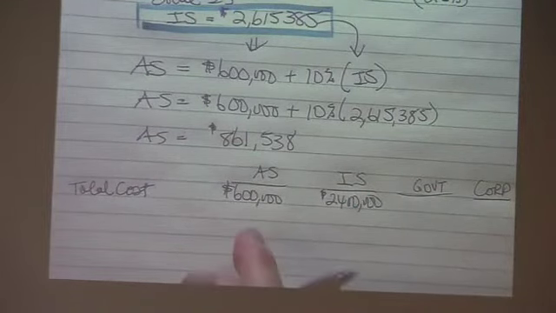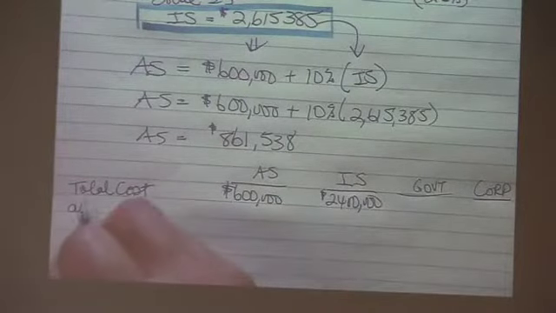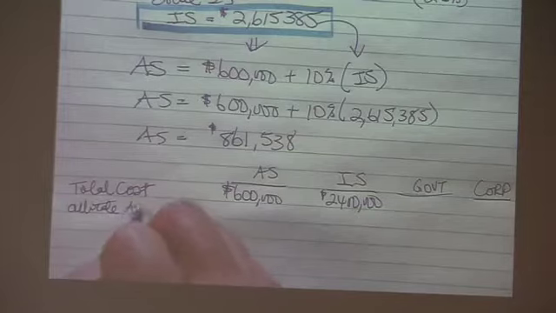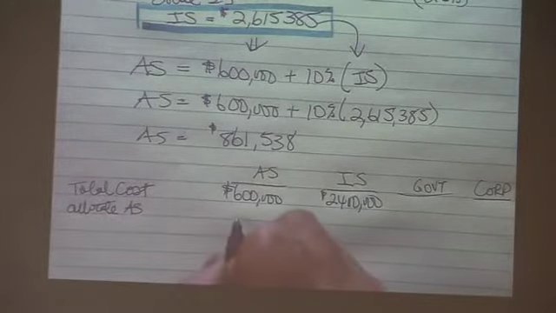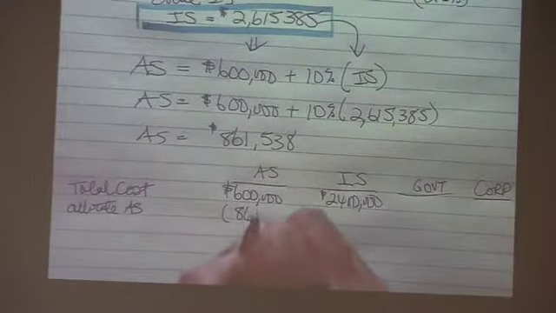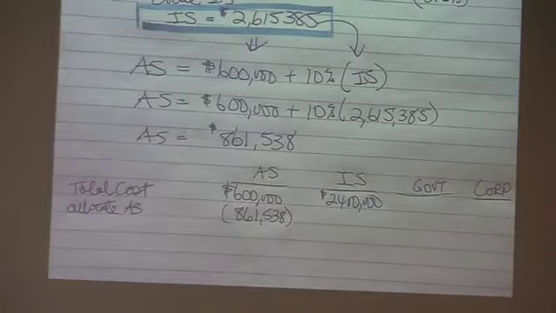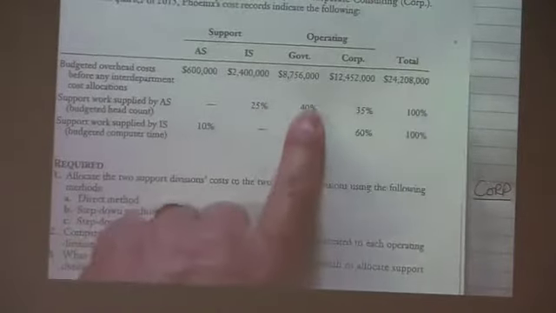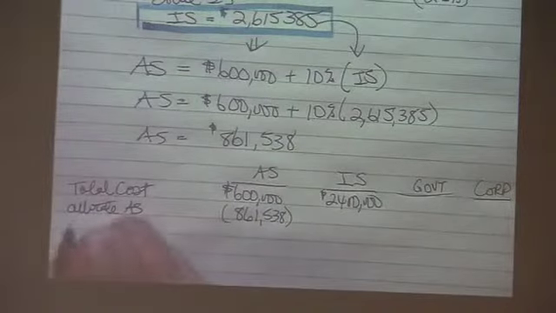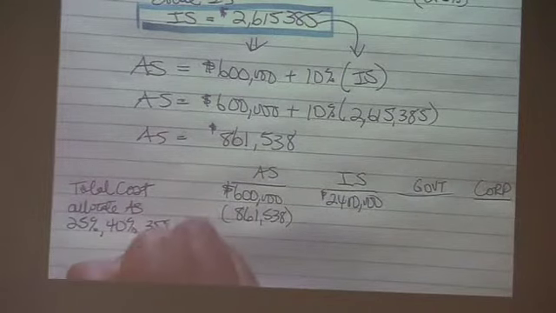Now let's allocate the AS first. We know that the AS is 861. It doesn't matter which one we go with. We're going to allocate this to three departments based on 25%, 40%, and 35%.